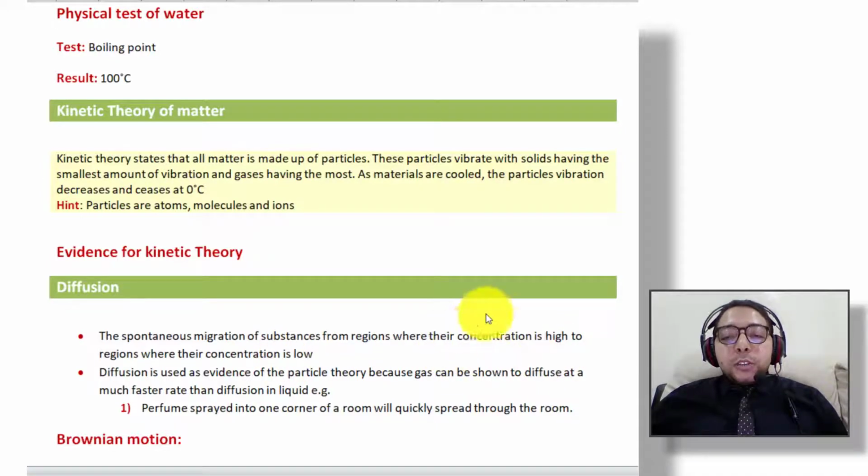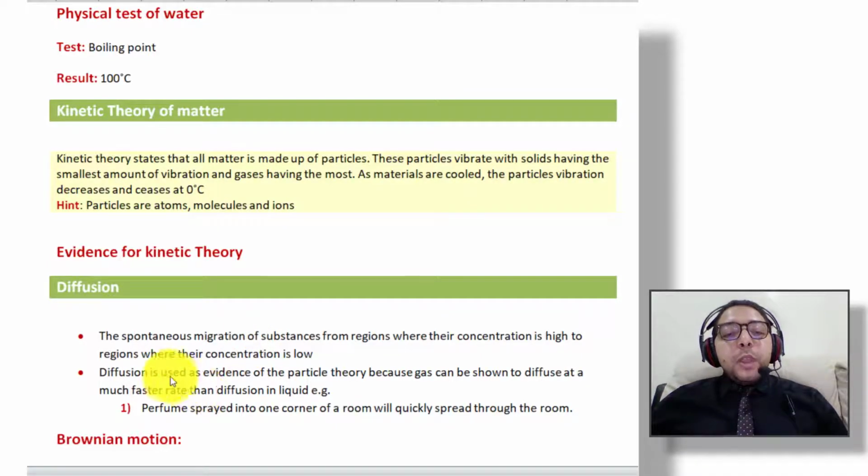The high concentrated area is the place where you have used the fragrance, and the lower concentrated area is the place the fragrance went to. You should keep in mind that diffusion will stop when both areas have the same concentration of the particles.